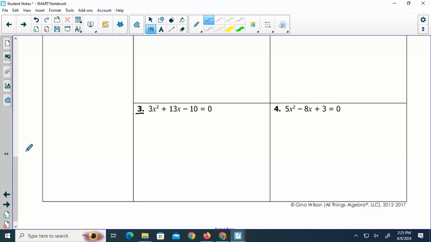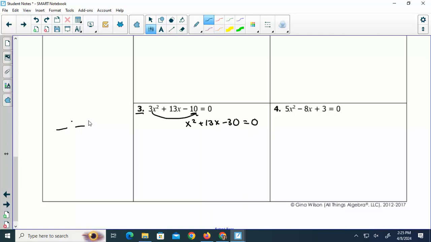So first, we always check for what? Greatest common factor. And there is not one. So next we would, so we have x squared plus 13x minus 30.